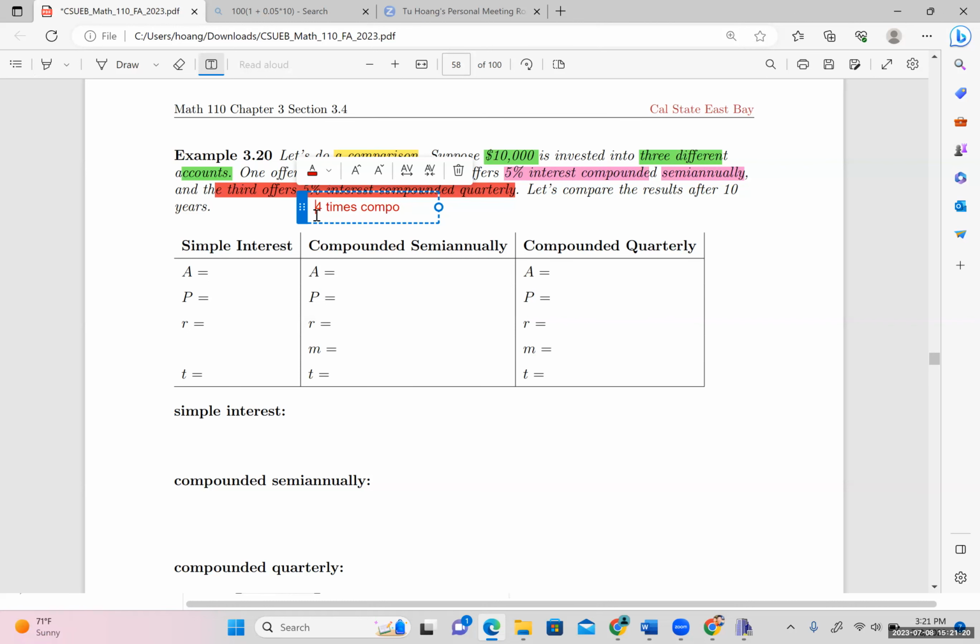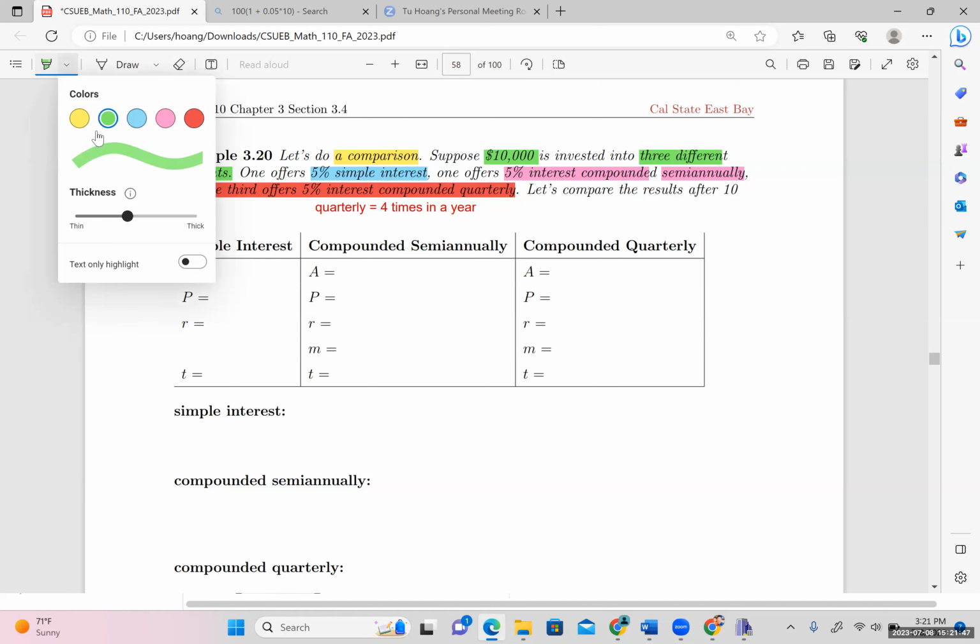So let's say quarterly is 4 times in a year. Let's compare it with the same T as 10 years.